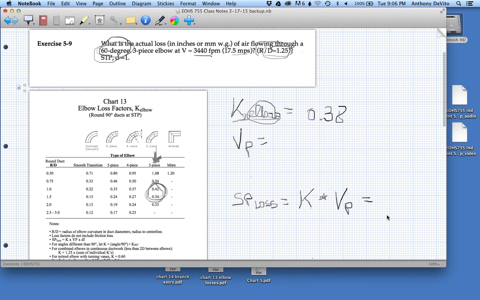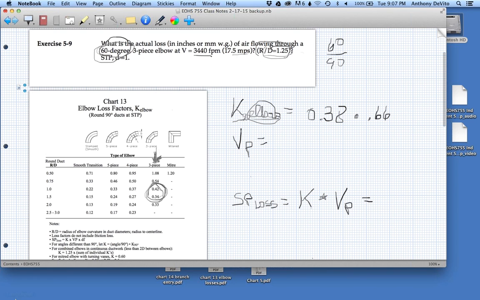Anybody get a chance to go through that? Basically, what he told you to do is that this chart is for 90 degree turns. We don't have a chart for 60 degree turns. So what you should do is use the percentage of a 90 degree turn that this is, like 60 over 90. It's 2/3 of a 90 degree turn. So you should multiply this by 0.66.